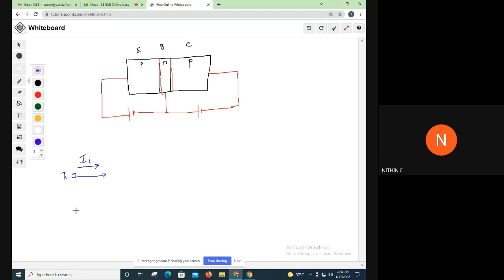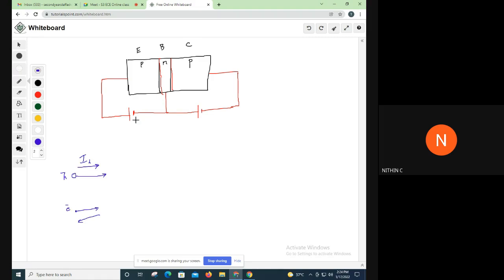If electrons are moving in this direction, the current due to electrons will be in the opposite direction to that of its motion, whereas the current due to holes will be in the same direction as the movement of holes.